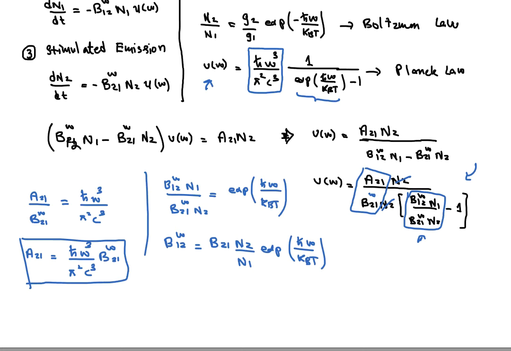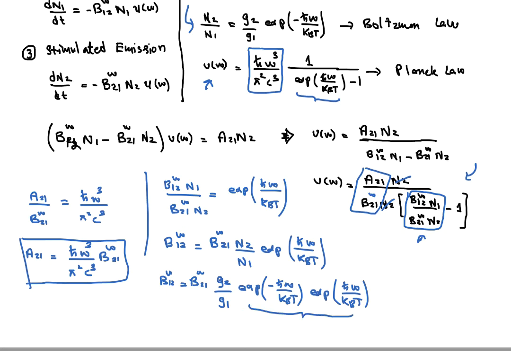Right, here we have N2 over N1, and we can just put its value. B12 omega will be equal to B21 omega, here we have omega as well, times G2 over G1 exponential minus h cut omega over kBT times exponential h cut omega over kBT.